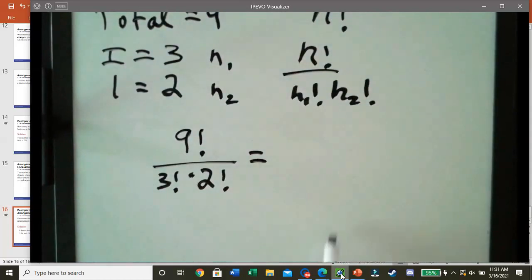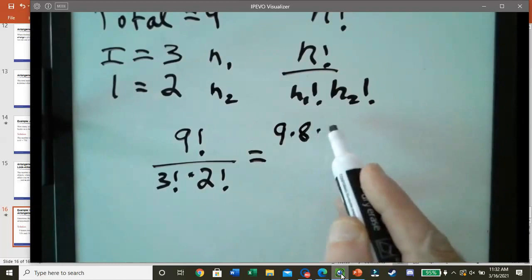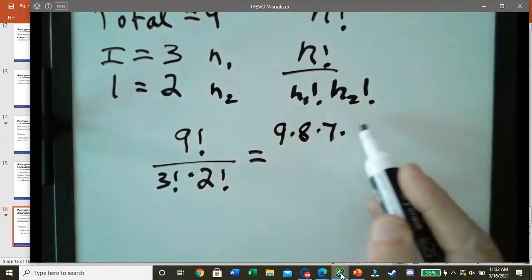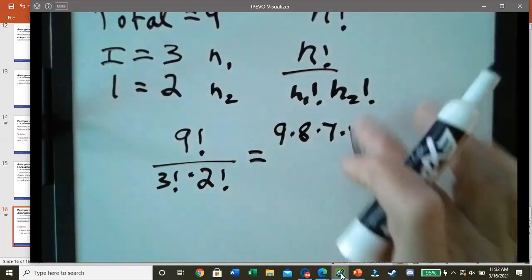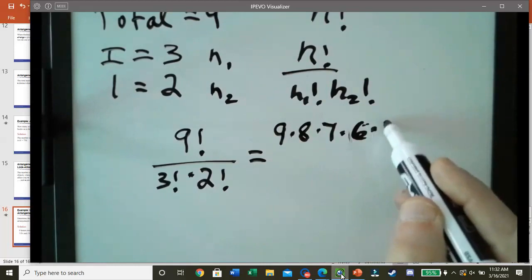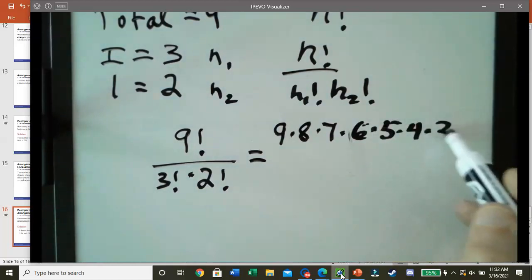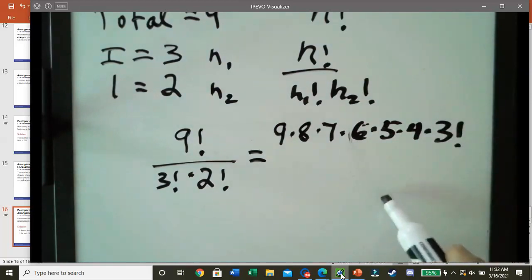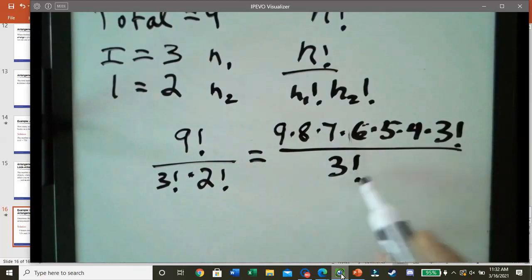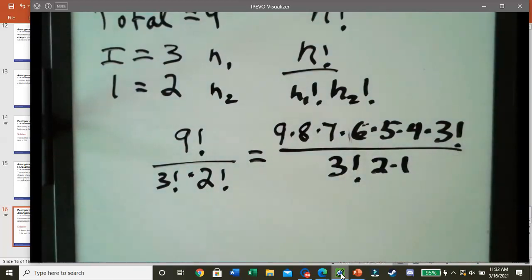Basically we're going to go 9 times 8 times 7 times 6 times 5 times 4 times 3 factorial, because the 3 factorials can cancel. And then the 2 factorial, we can multiply 2 times 1 out.